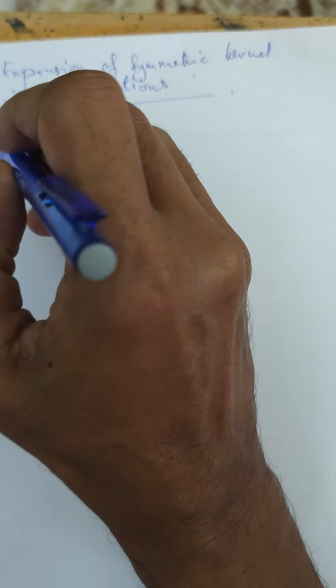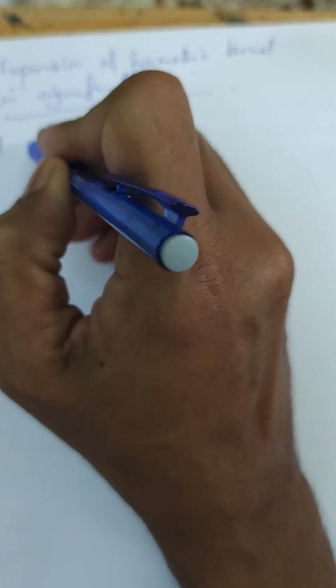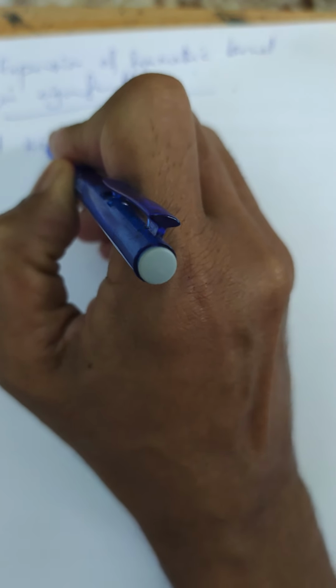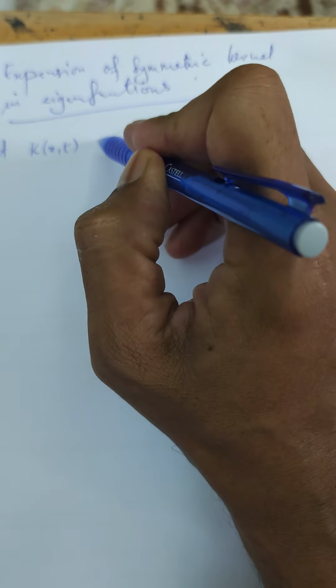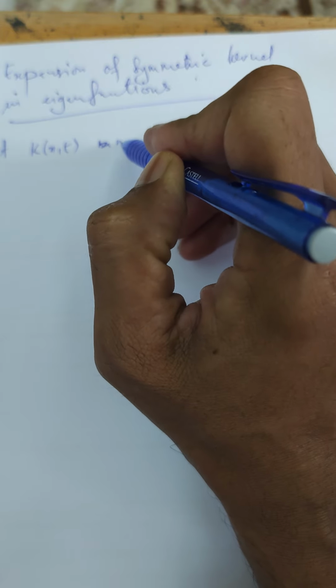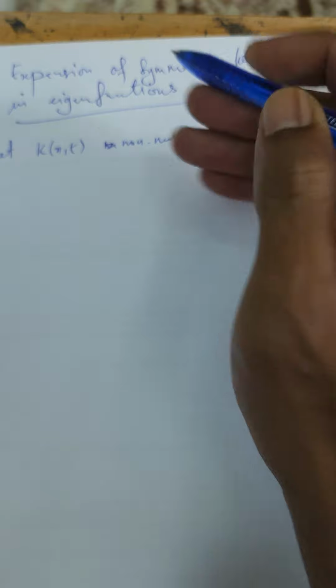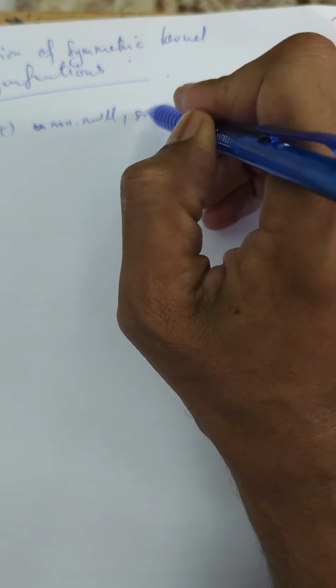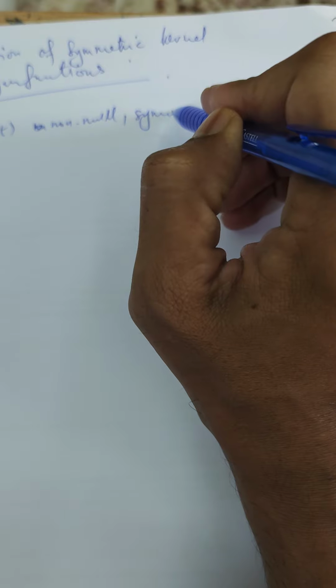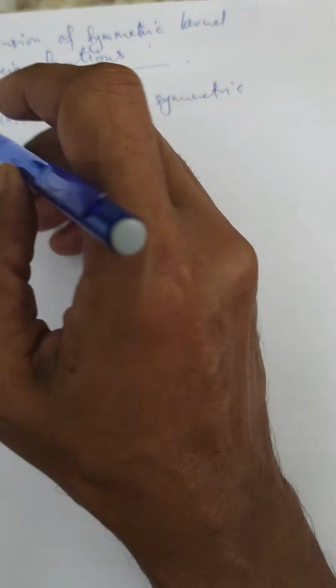So first we let K(x,t), which is non-null or non-zero, and symmetric, has finite or infinite eigenvalues.